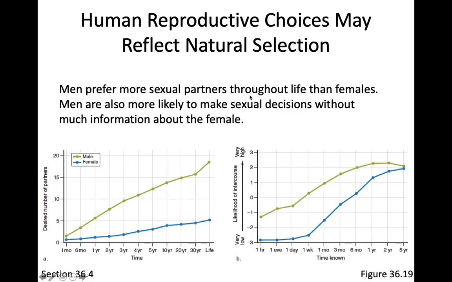So in humans, men tend to have more partners than women, sexually speaking. And this is the case for almost every organism as well. The reason for this is females have more to lose from a bad mate choice than males. For males, if they have 15 partners and one of them is not a very good selection for a mate, it doesn't really matter.